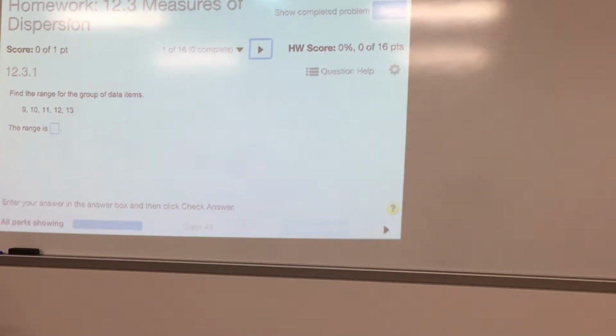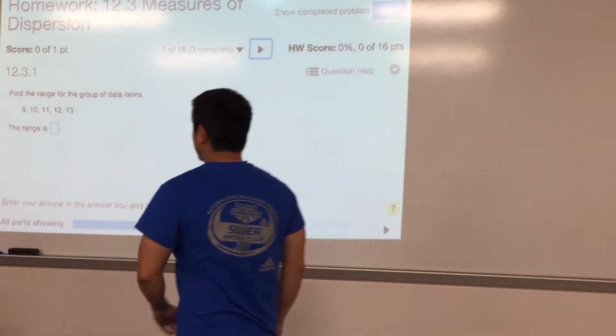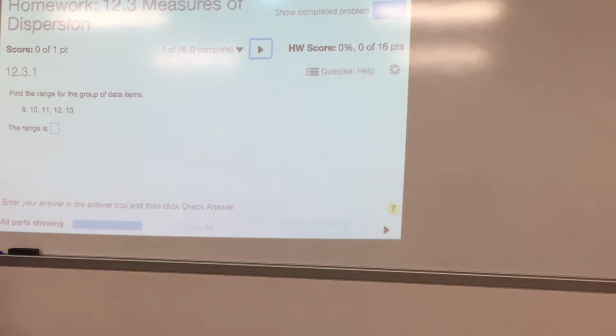This is 12.3. 12.3 is known as measures of dispersion, but it really truly is just basically calculating standard deviation.